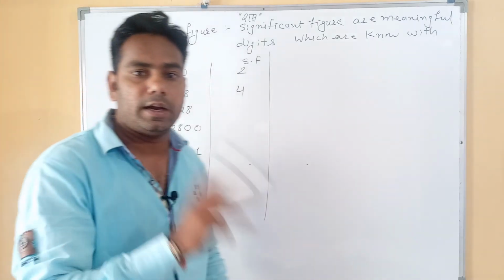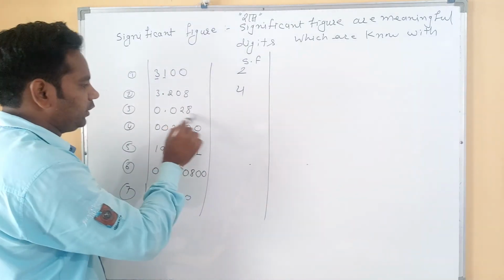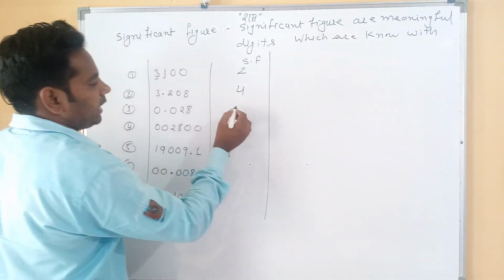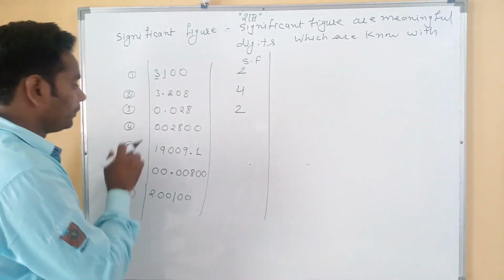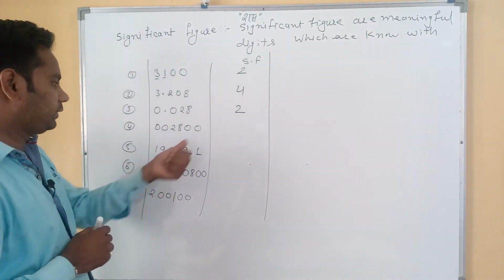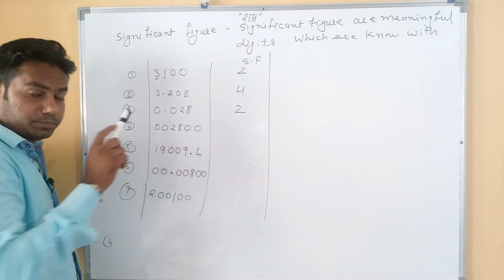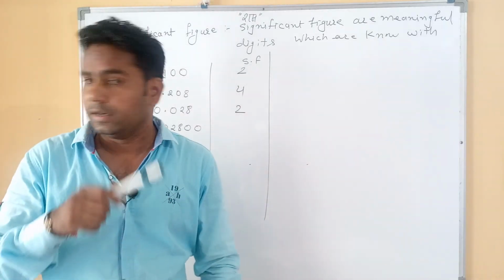So we use the third rule, but no zero is present after the non-zero number. So here only two digits are significant, 2 and 8. Clear? Then here no decimal point is present, so after the non-zero, zeros are not significant.